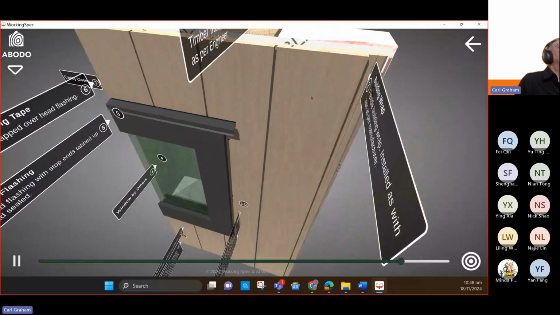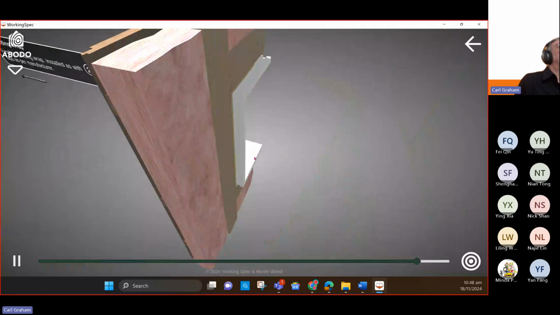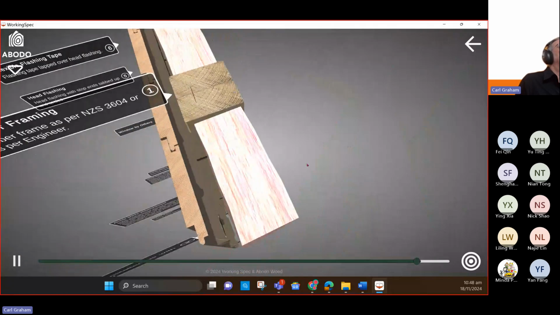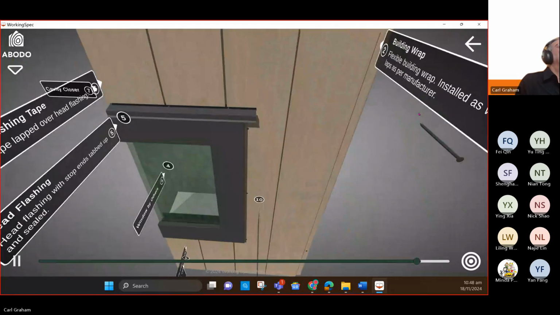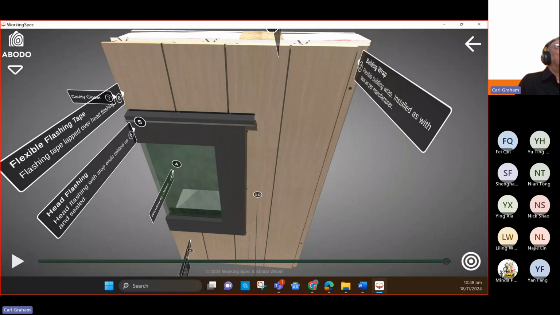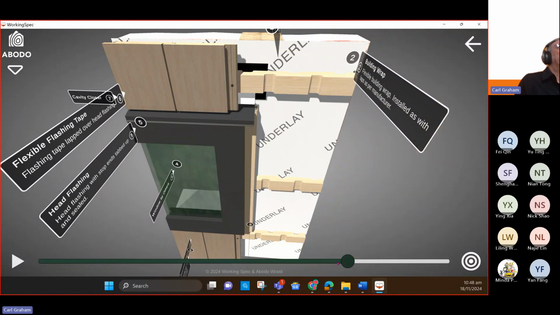The battens, those battens are different to normal battens because they're this. Yes, that's right. They call it castellated. Castellated. Right.